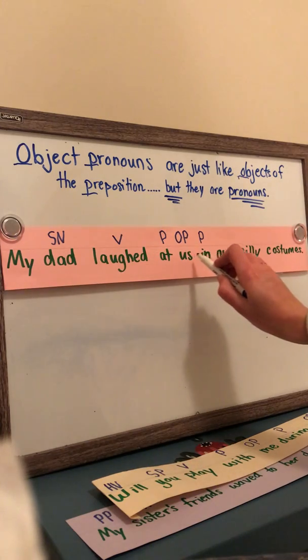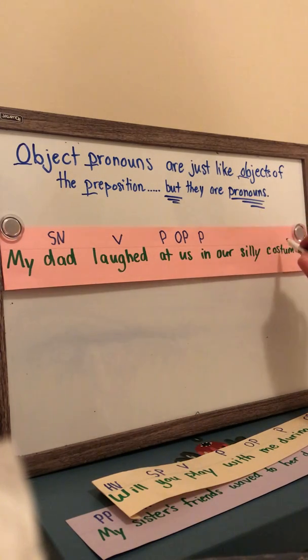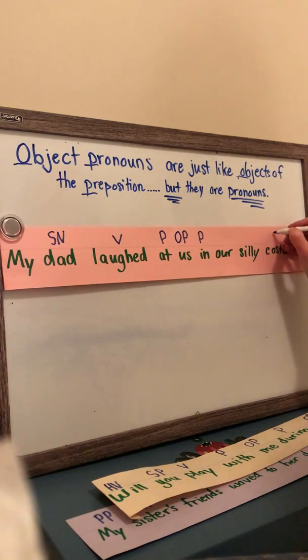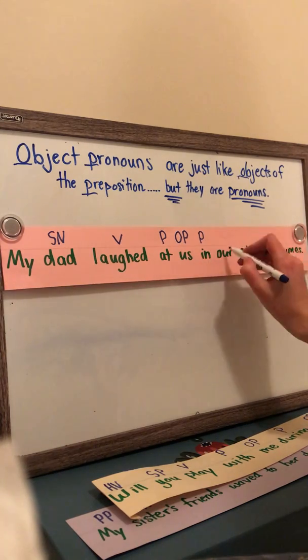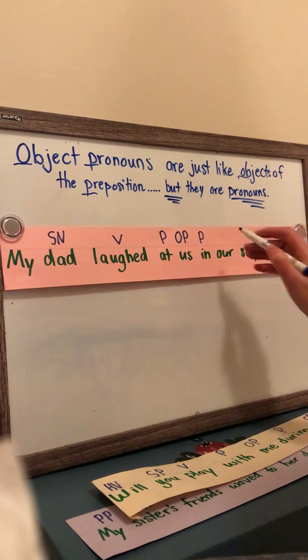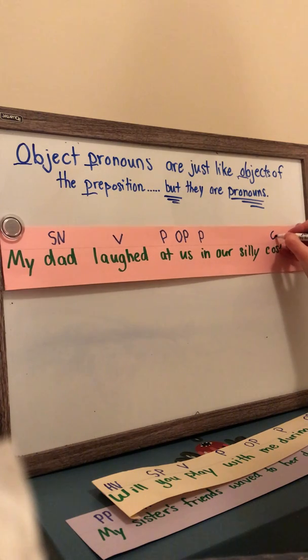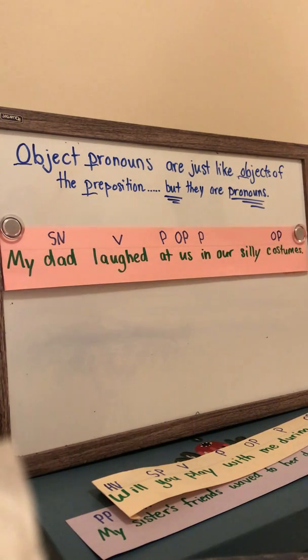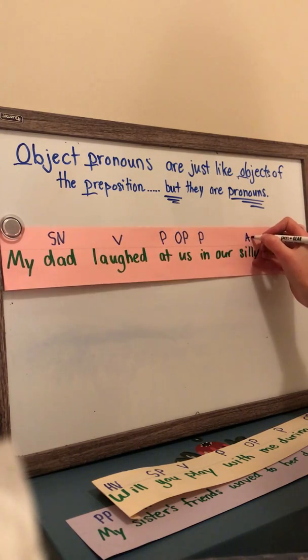Dad laughed at us in what? Costumes. Because it wouldn't make sense just to say in our what, right? So we're going to put this one as the object of the preposition. Then we need to say what kind of costumes? Silly costumes. That's an adjective.